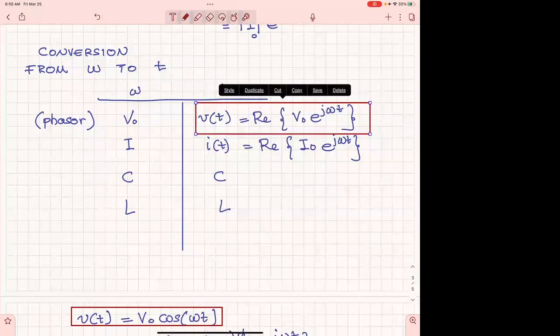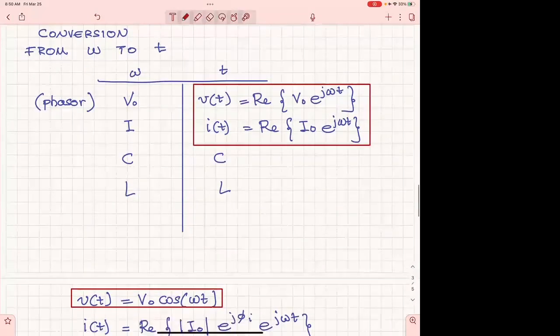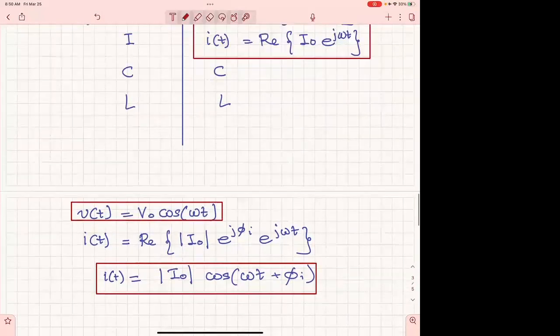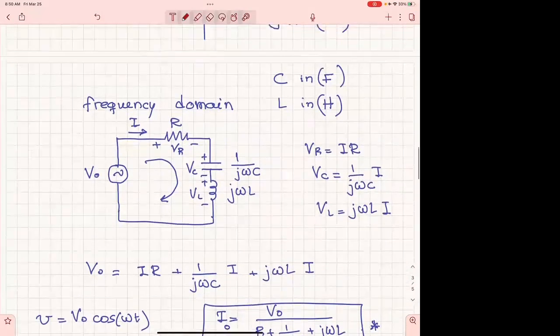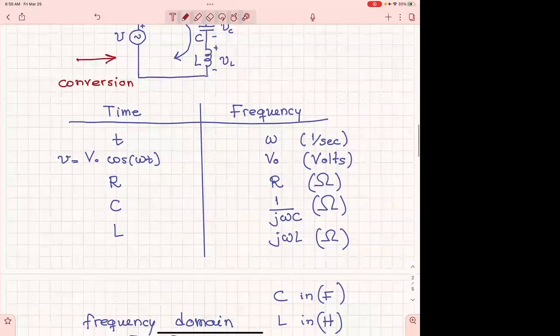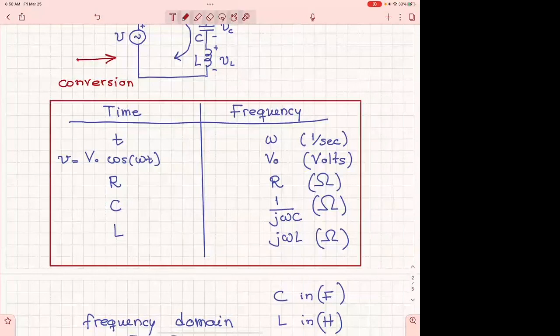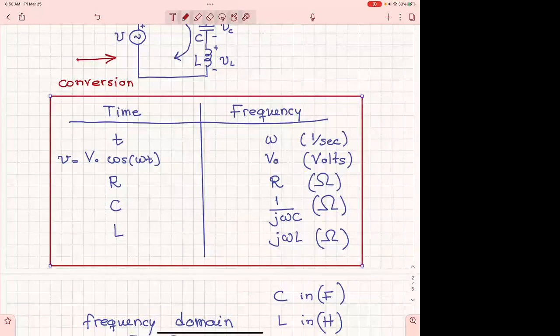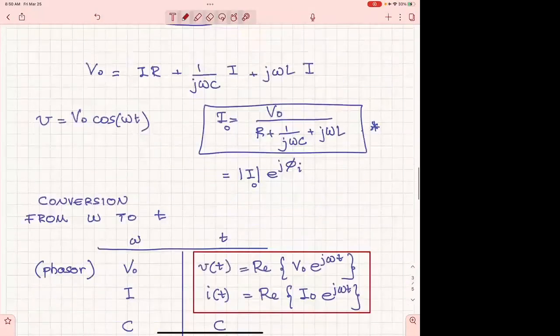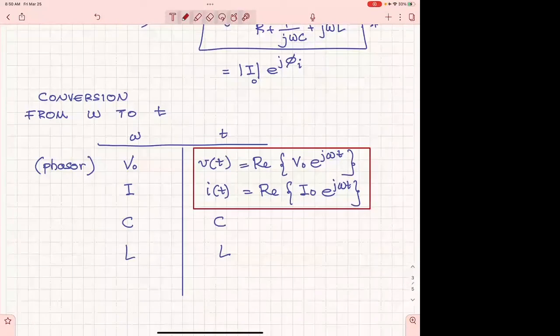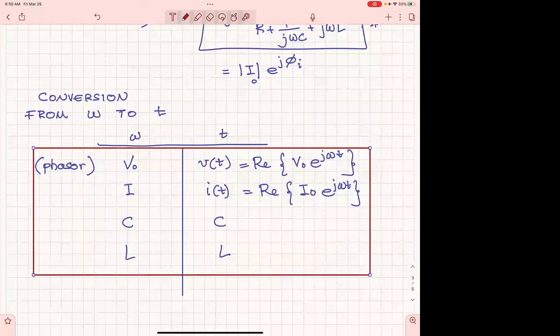And also you will need to remember these transformations here, to take us from time to frequency and from frequency to time. In fact, maybe I can enlarge this.